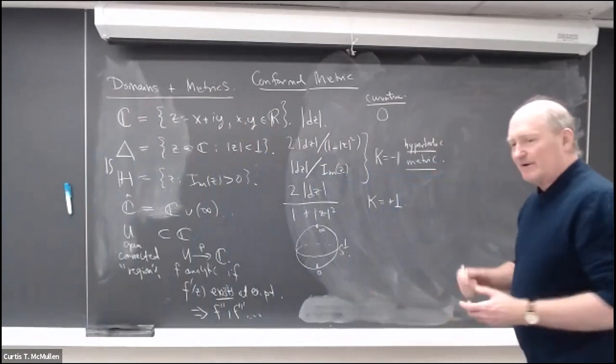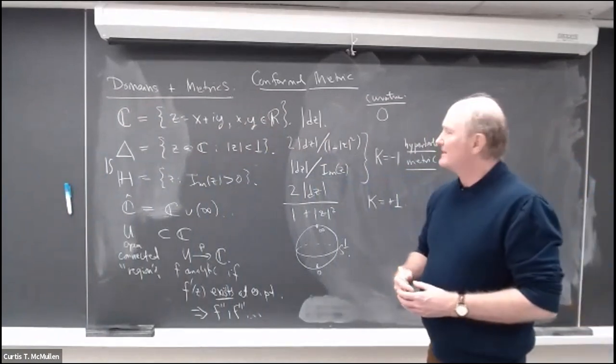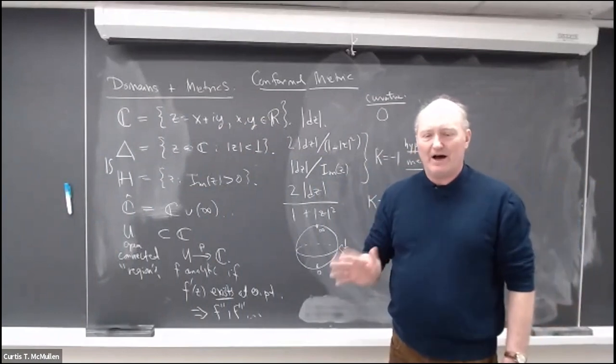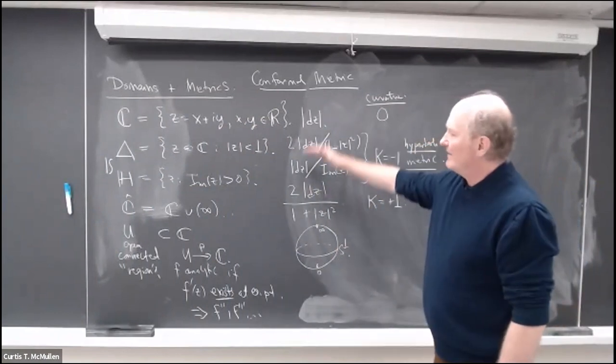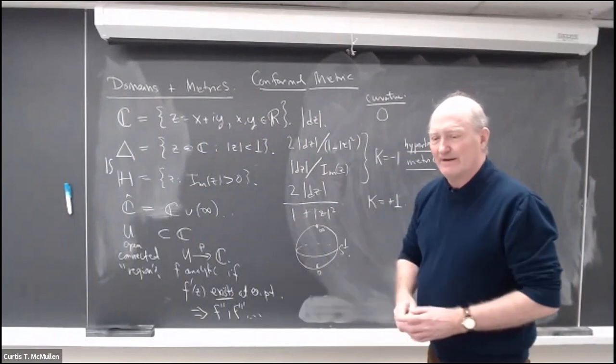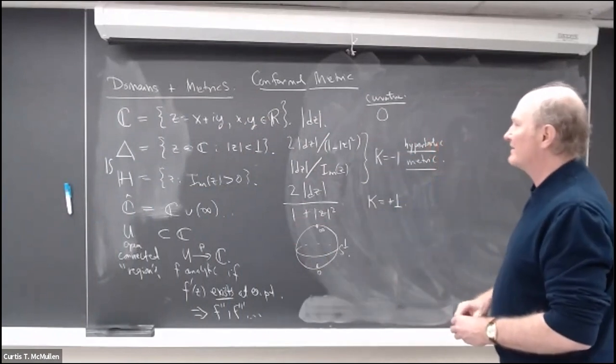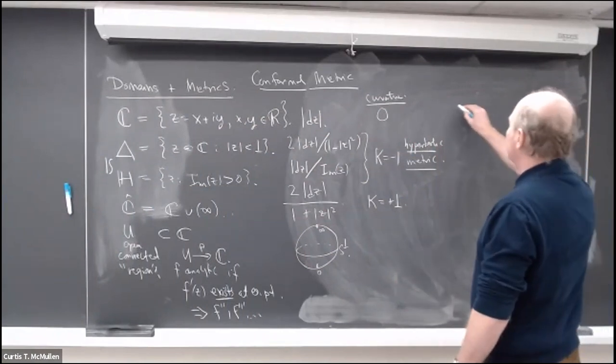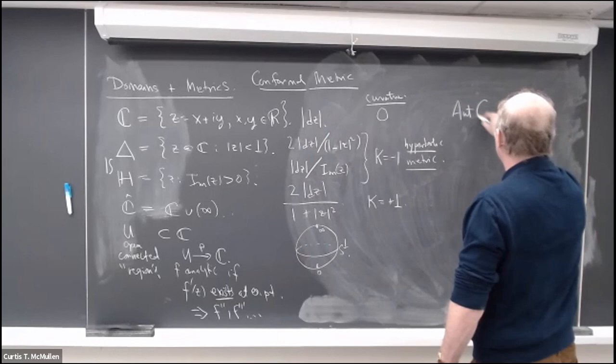So again, just to review some of the background that underlies this discussion, I want to pause for a moment and discuss what the automorphisms are of each of these basic regions in the Riemann sphere. Okay, so what is the automorphism group of a region like the complex plane?